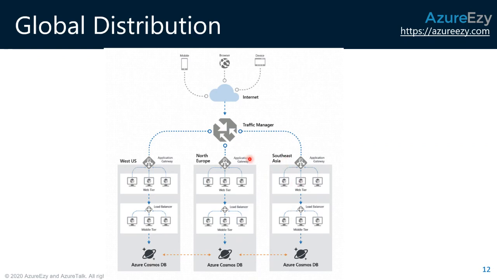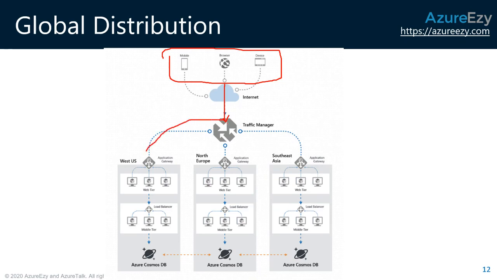Well, this is the architecture of a globally distributed application. As you can see in the backend, Cosmos DB is replicating to the other regions. Let me go through this architecture and change the pointer if it could help us. All right, so we have these devices with the help of which we are browsing the internet. Our request hits the traffic manager, and it diverts the request to the region near the user.